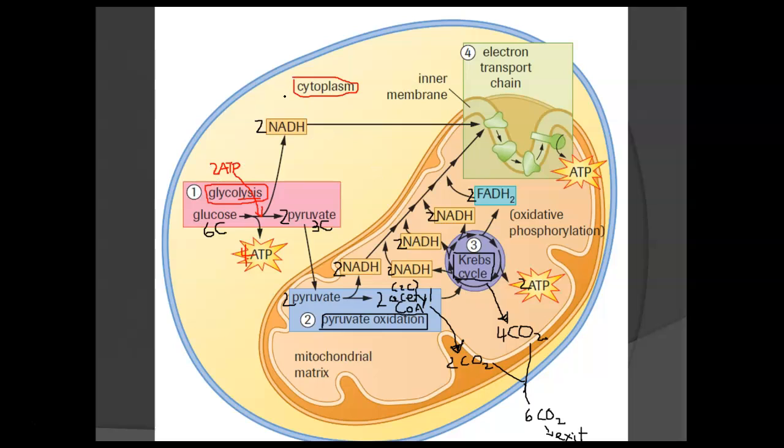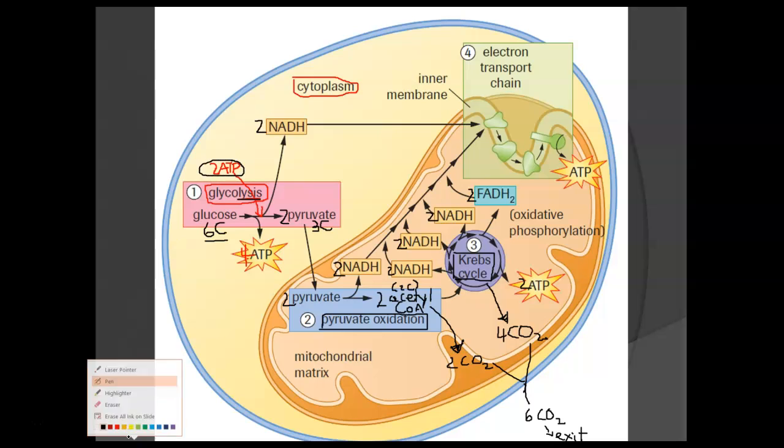So starting in the cytoplasm of the cell, we have a process that's called glycolysis, and there's that lysis part again. Lysis means to break apart. So we are going to lyse or break apart the glucose molecule. Glucose molecule is 6 carbons in size. We're going to kick off the whole reaction with 2 ATP.